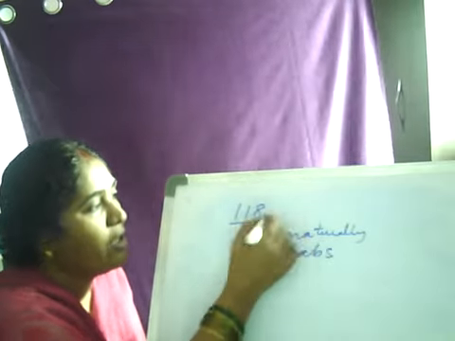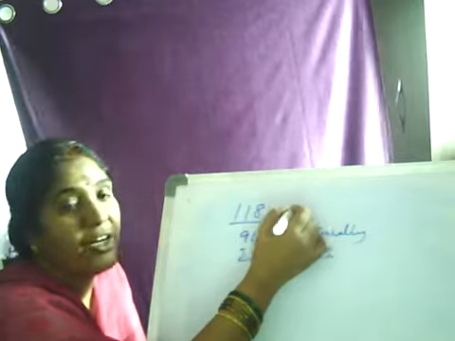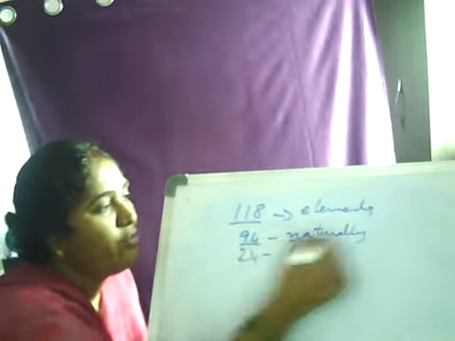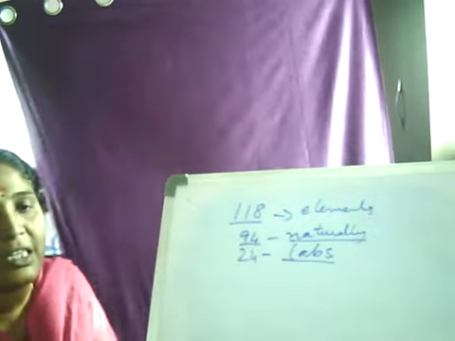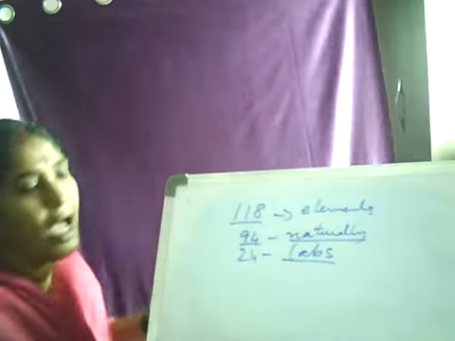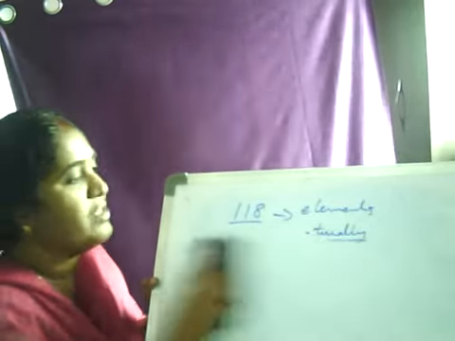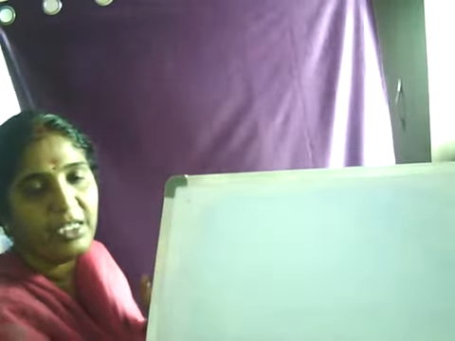So on the whole, in nature we have about 118 existing elements. Under that, 94 are naturally existing and 24 are synthesized in the labs. So as such, we'll discuss how we give a chemical symbol. How do we give a chemical symbol for an element?